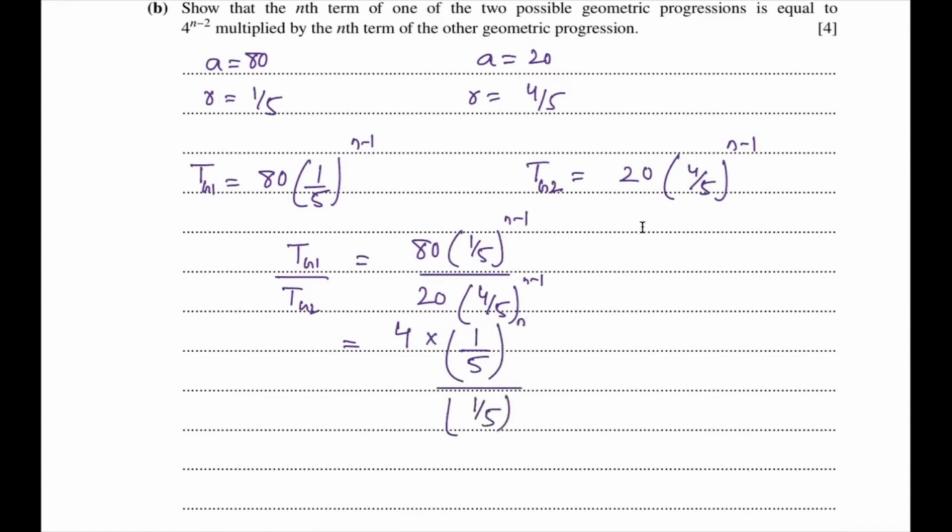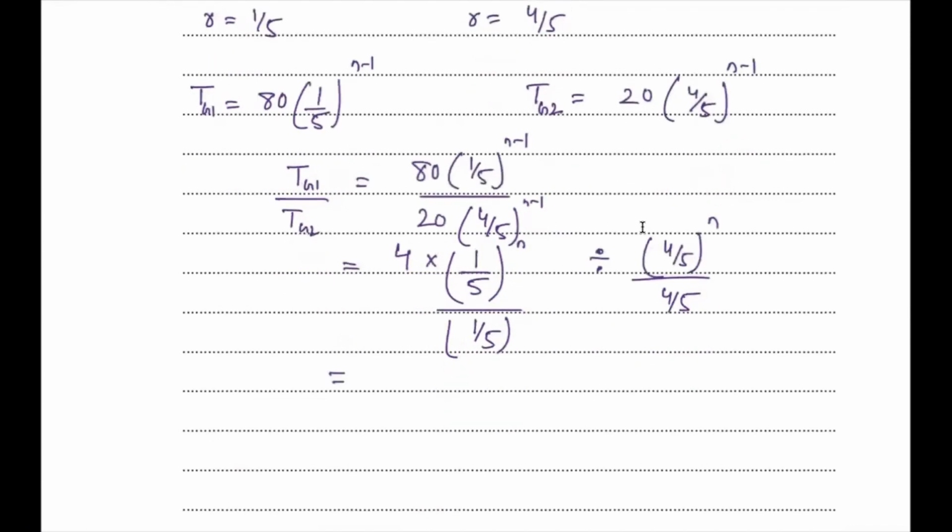And this was being divided by (4/5) to the power of n minus 1, which means (4/5) to the power of n divided by 4/5. So we get 4 divided by 1/5. 4 divided by 1/5, that's going to be 20.